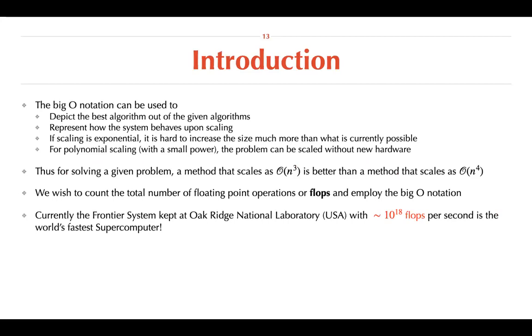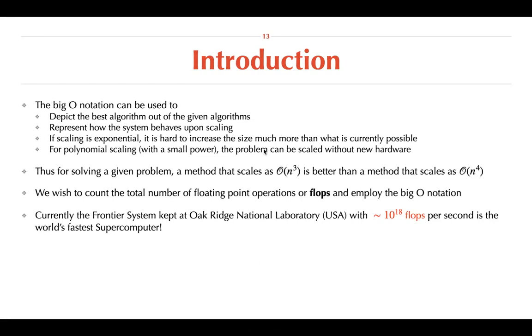The big O notation gives you the order of magnitude of calculations that will be done when you perform a given algorithm, or it may give you the complexity of the algorithm. You may want to solve a problem, and then there are two ways of doing it.